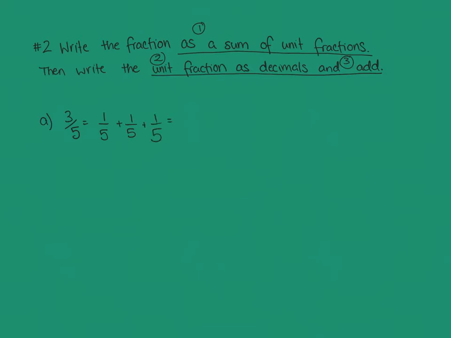Then our second step, we turn them into decimals. So 1 out of 5 is the same thing as, if we multiply it by 2, 2 out of 10. This gives us a decimal of 0.2. So we're going to exchange all of our unit fractions for 0.2.